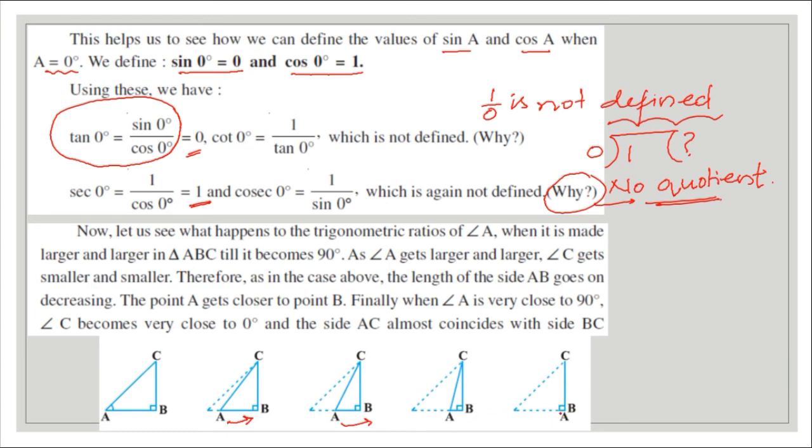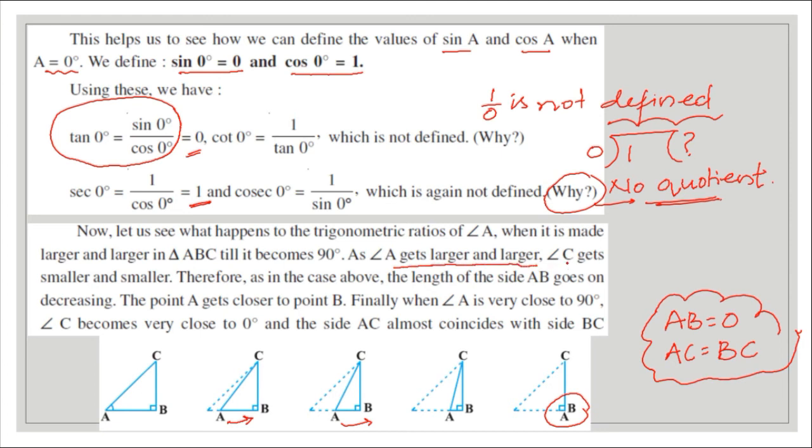When the angle is completely 90 degree, A and B will overlap. What does it mean? It means that the length of AB becomes equal to 0. What happens to the length of AC? It becomes equal to the length of BC. Nearly it is equal. As A gets larger and larger, angle C gets smaller and smaller. This angle C will decrease.